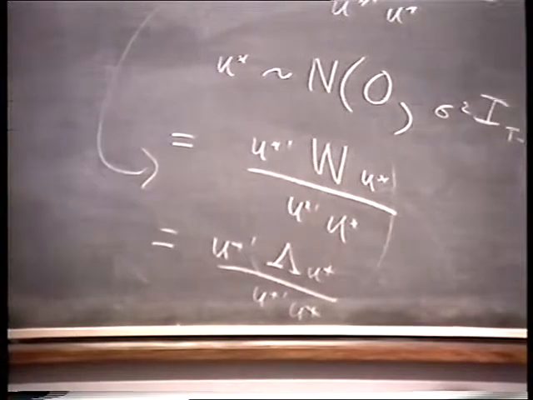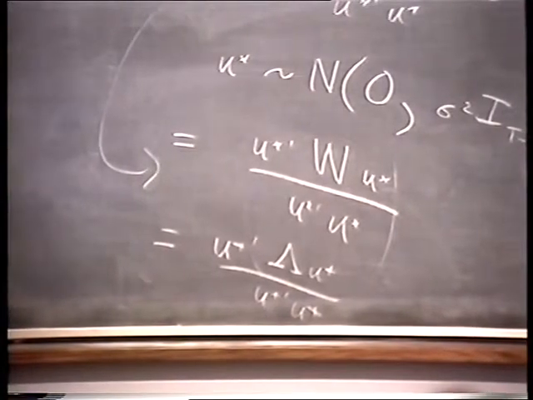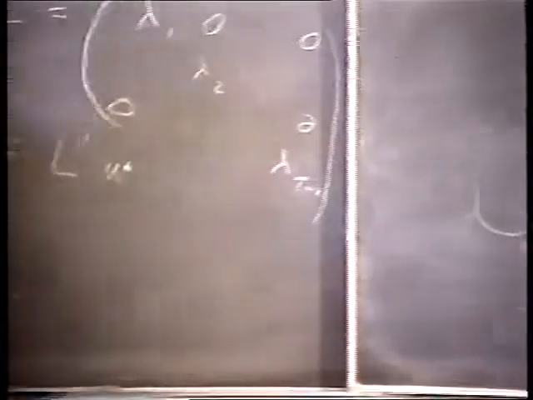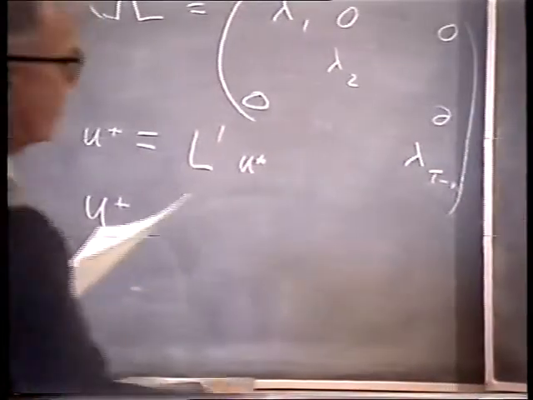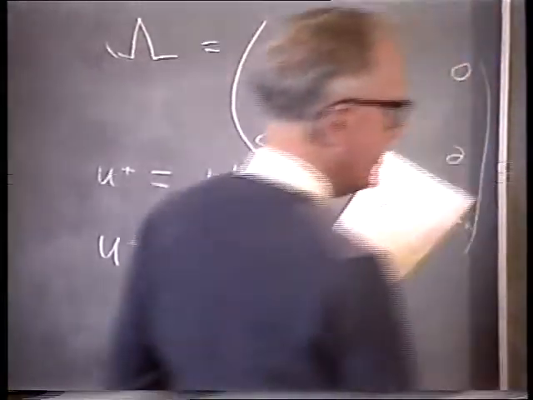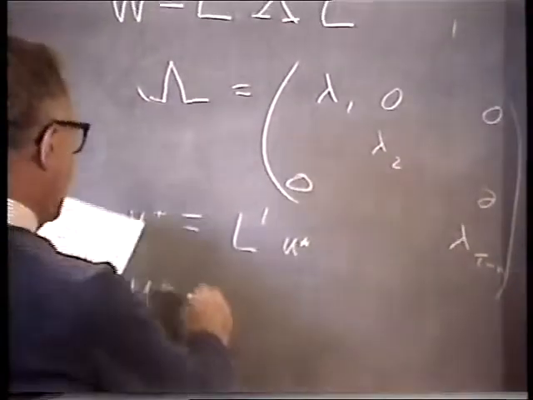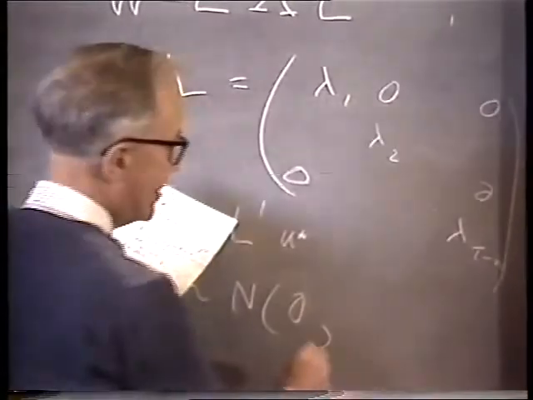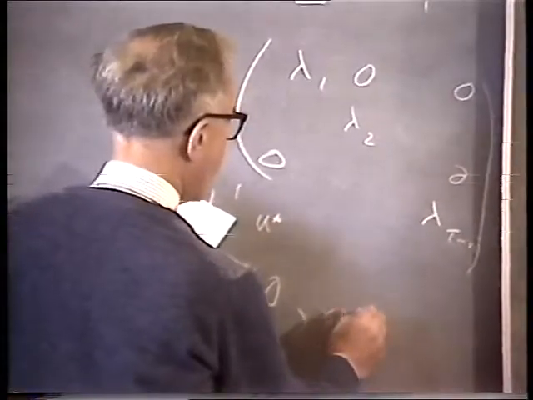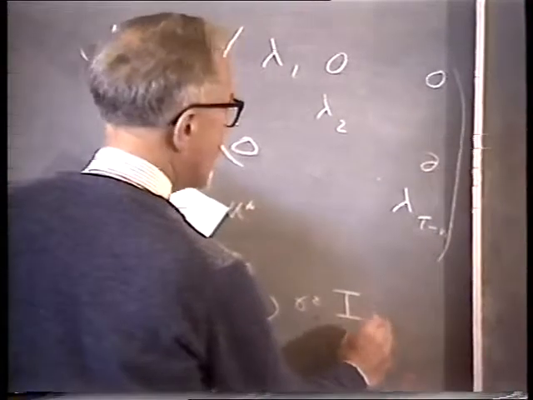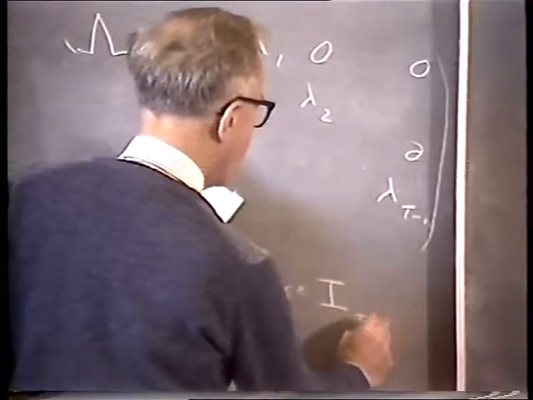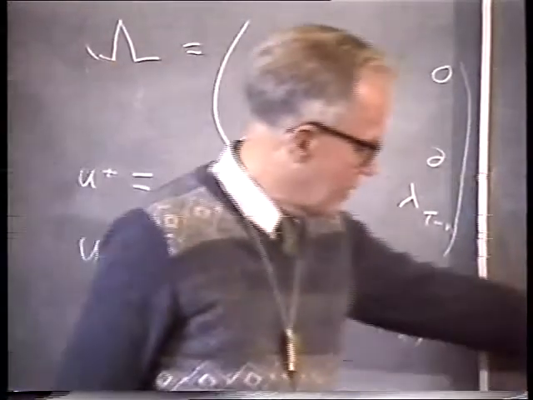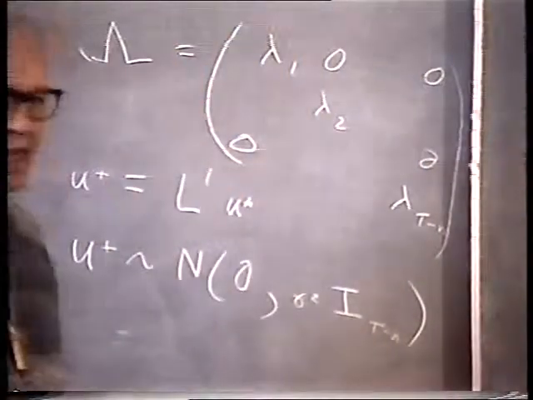Now, this makes it clear, since we have again that all we're doing is to take an orthogonal transformation of our U star now, and so that again we shall have normally distributed variables with identical independent distribution, that the distribution of the ratio only depends upon the latent roots lambda.